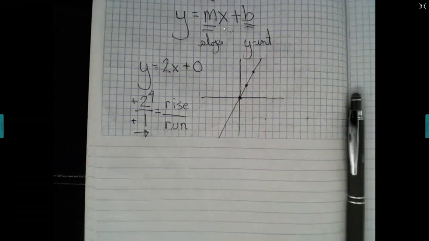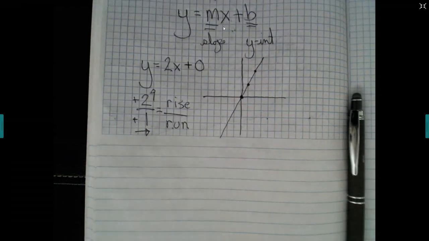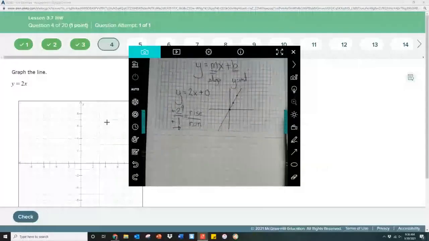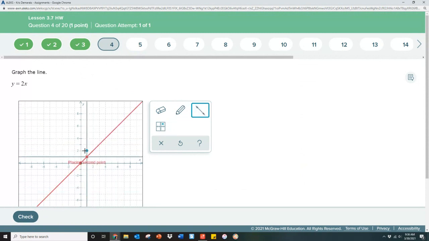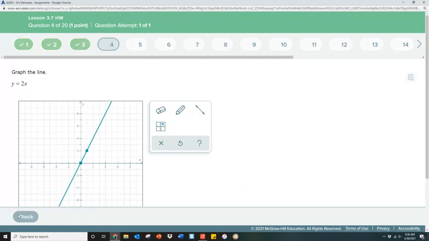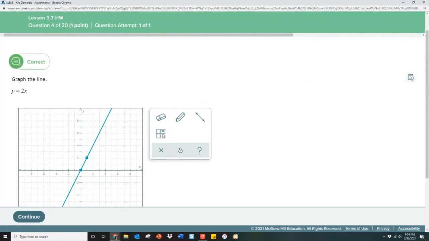So there's our graph, and it's that simple. I like to put a couple of dots: we put a dot here, up 2 over 1, put a dot there, and then connect those two points. And that's it. That's how fast this works.